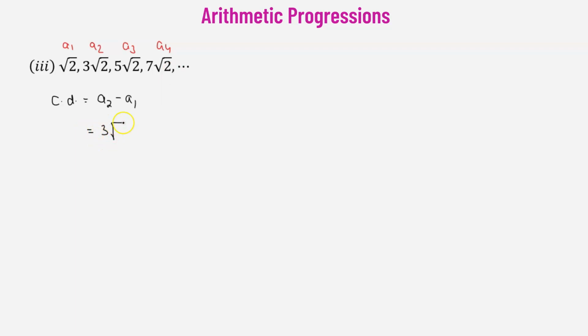We have 3 times square root of 2 minus a1, which is square root of 2. So this will be equal to 2 times square root of 2. Similarly, we'll find the common difference by subtracting the 2nd term from the 3rd term. So our 3rd term is 5 times square root of 2 minus the 2nd term, which is 3 times square root of 2. So this is also going to give us 2 times square root of 2.